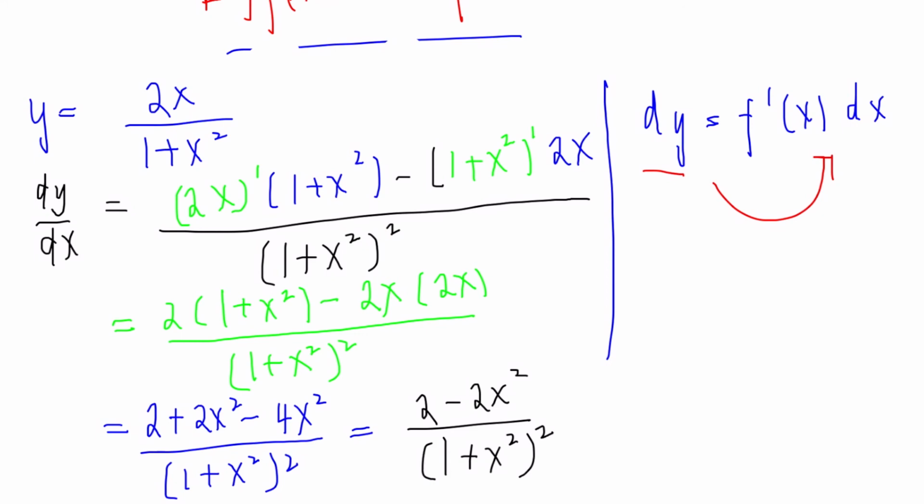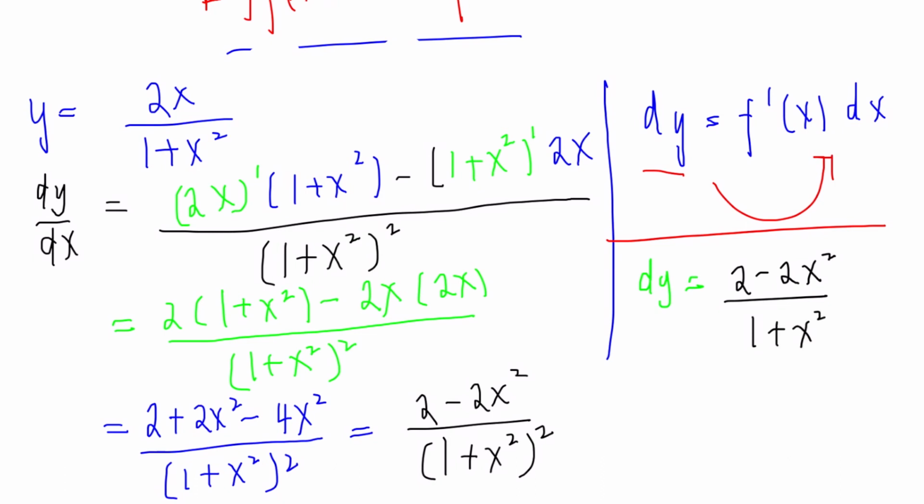So at the end of it, what we have is that our dy is going to be equal to 2 minus 2x squared all over 1 plus x squared, all of this raised to power 2, and then we would have all of this times dx.